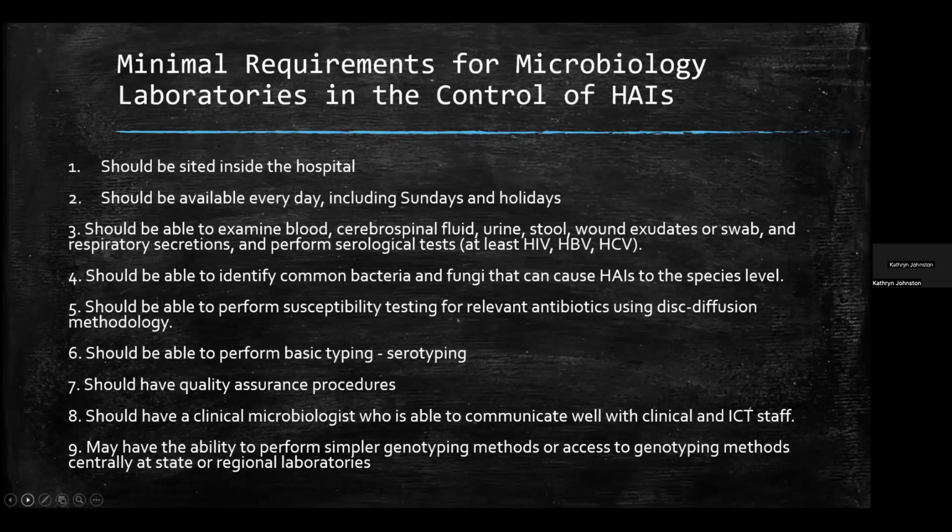The microbiology lab should be able to perform susceptibility testing for relevant antibiotics using at least the disc diffusion method. And they should be able to perform basic typing, serotyping for Salmonella, Shigella, Neisseria meningitidis, and biotyping, for example, for Salmonella typhi. And as I stated, they should have quality assurance procedures, both internal quality control and external quality control.